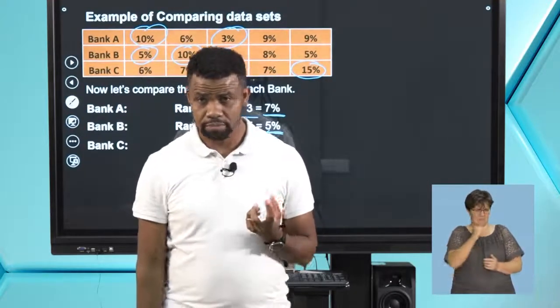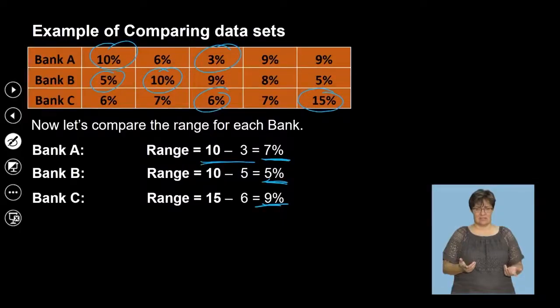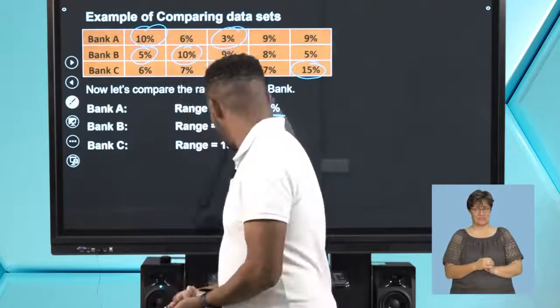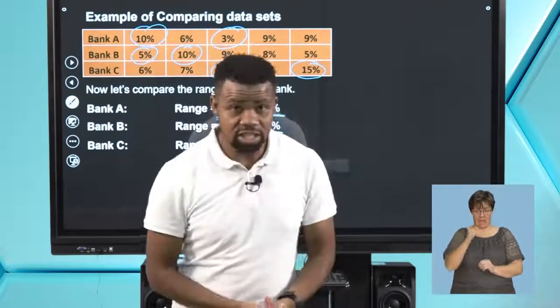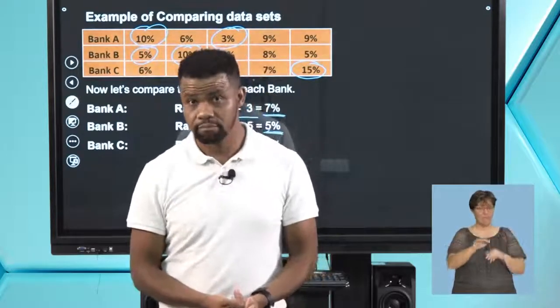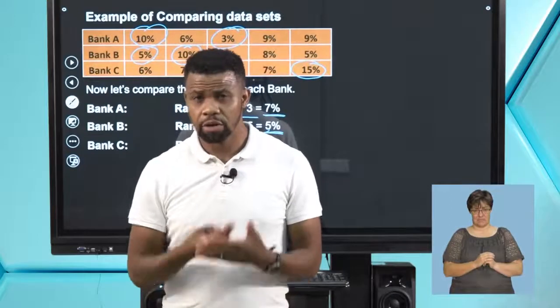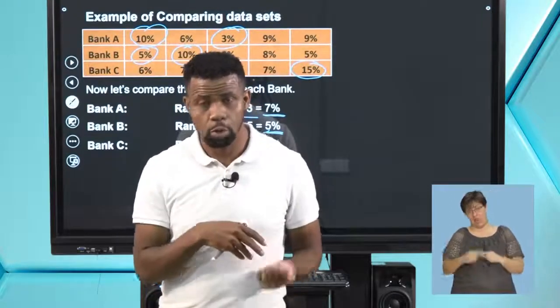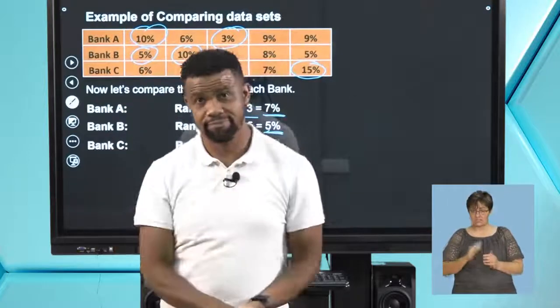What does that mean? If you look at this, bank C has a high range compared to bank A and B. So that means bank C is not that consistent in terms of returns. The bank which is actually more consistent is bank B. Are you going to go with consistency, or do you want a higher return?